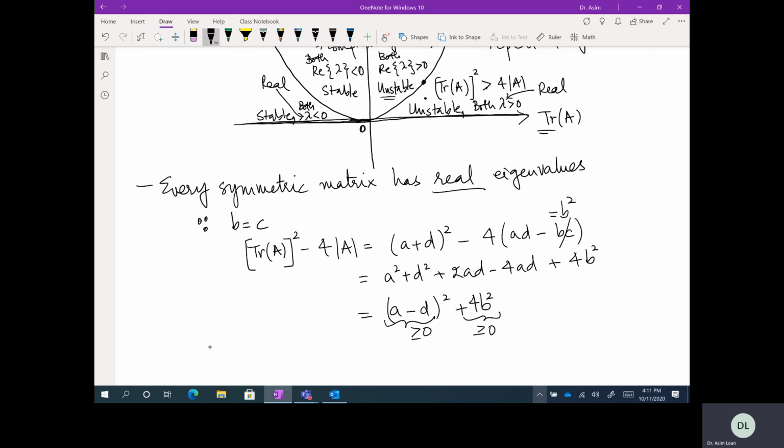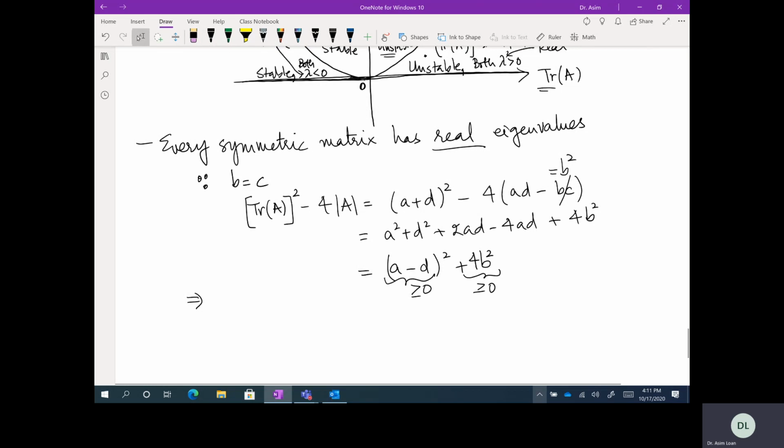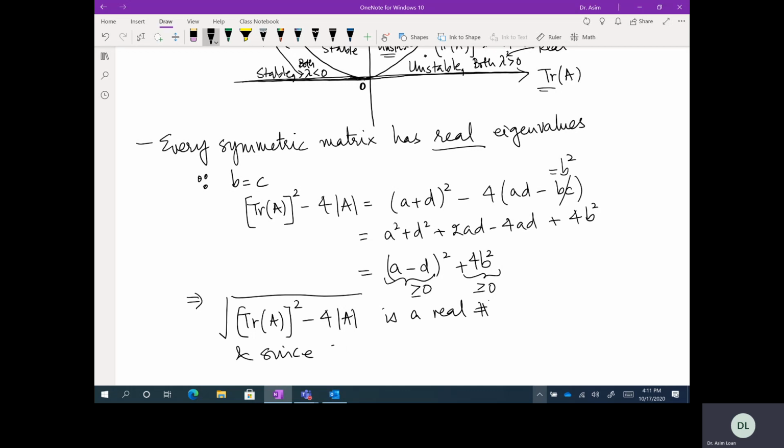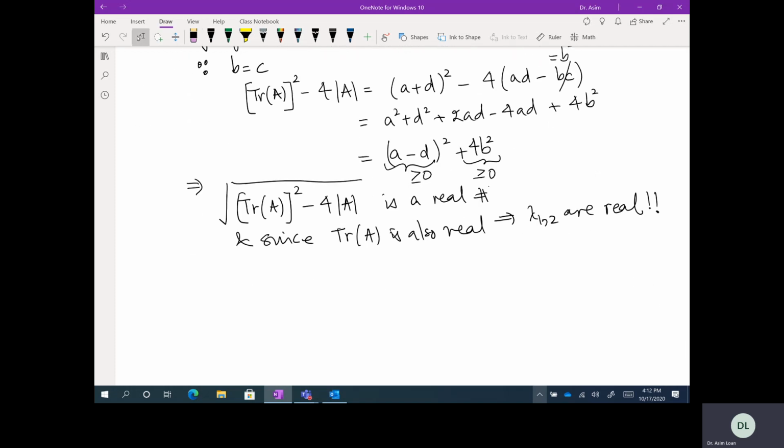So this implies trace of A whole square minus 4 times determinant of A, under root, is a real number. It's not necessarily positive, it can be both positive and negative, it is a real number. And since trace of A is also real, this implies lambda 1, 2 are real. So for a symmetric matrix, the eigenvalues are always real.